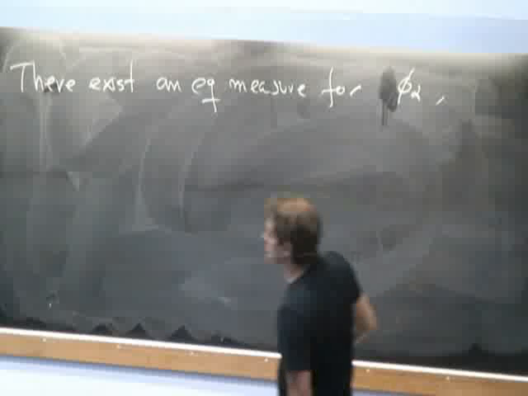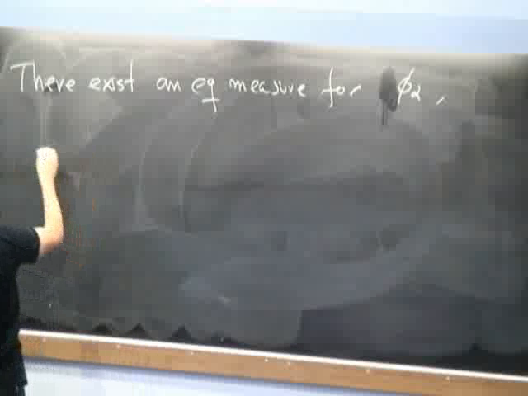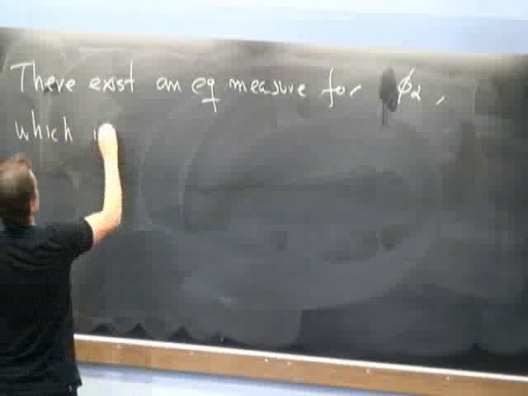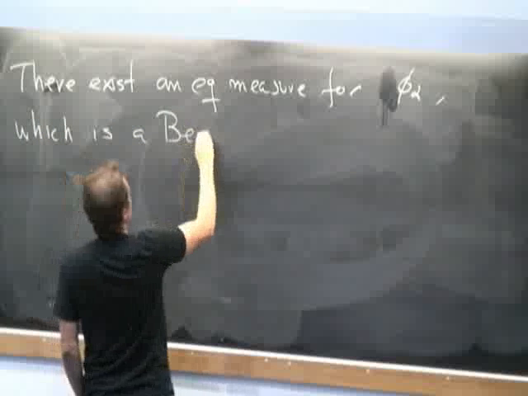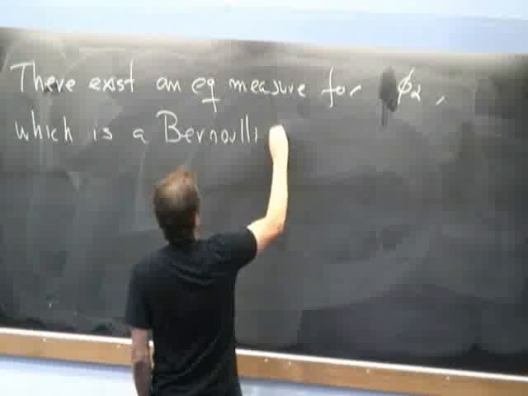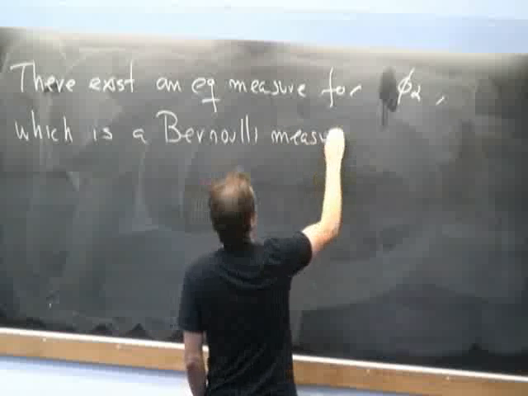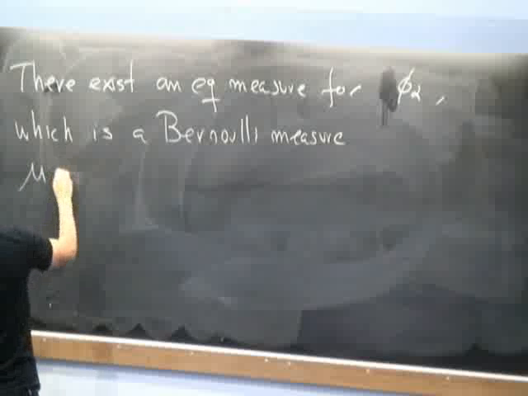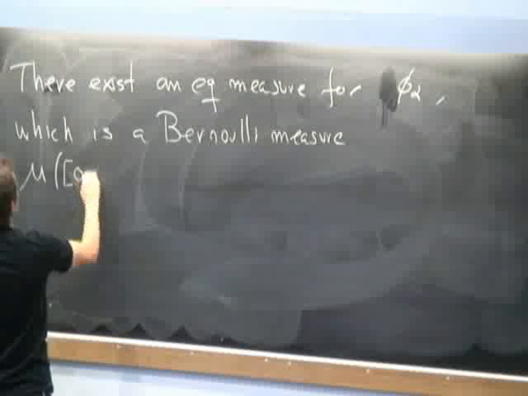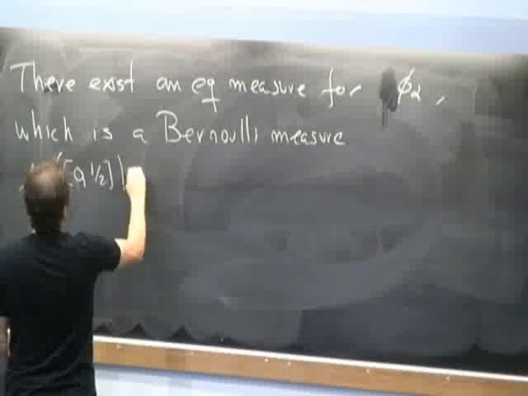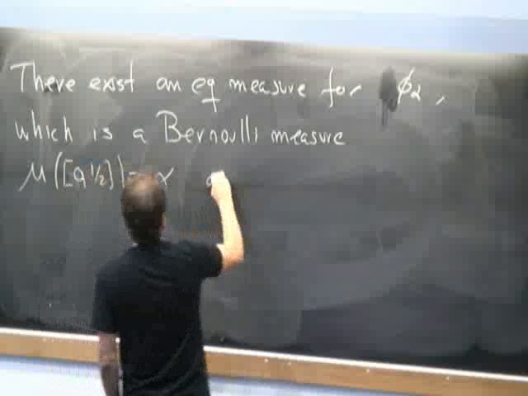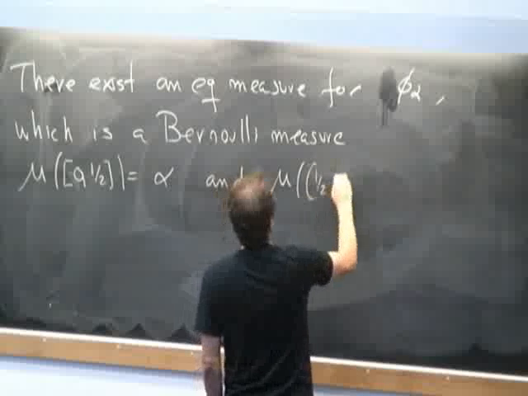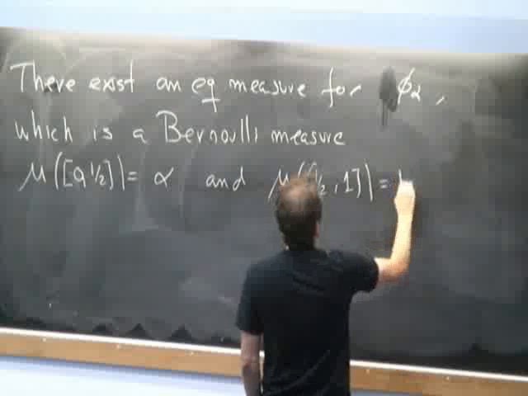And that measure is a Bernoulli measure, defined in the following way. In (0, 1/2) you put alpha, and in (1/2, 1) you put 1 minus alpha.